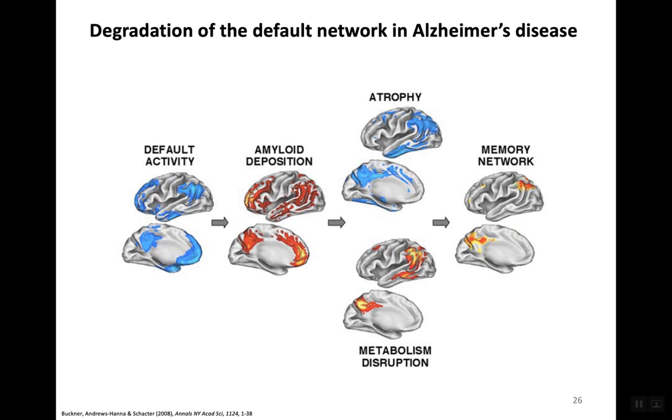So to be more clear about it, we see a prevalence of beta amyloid plaques within regions circumscribed by what we call the default network. And there are a number of hypotheses as to why this might happen. One which is particularly interesting is the fact that the default network is particularly active from a metabolic standpoint.